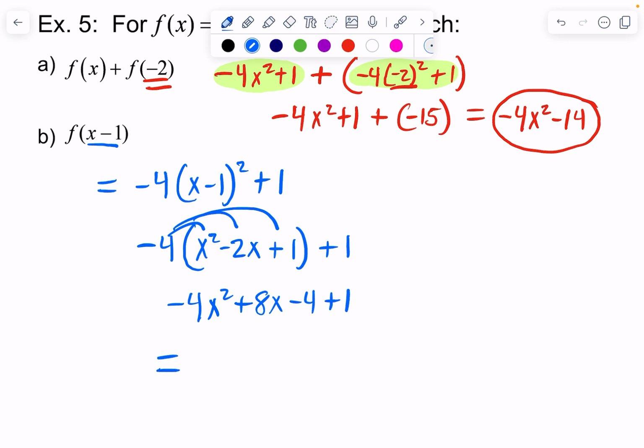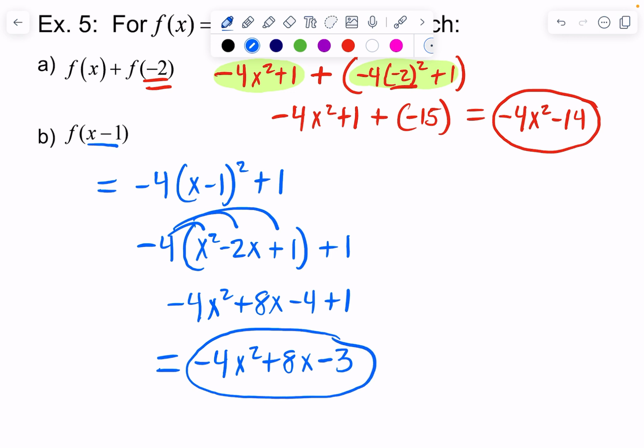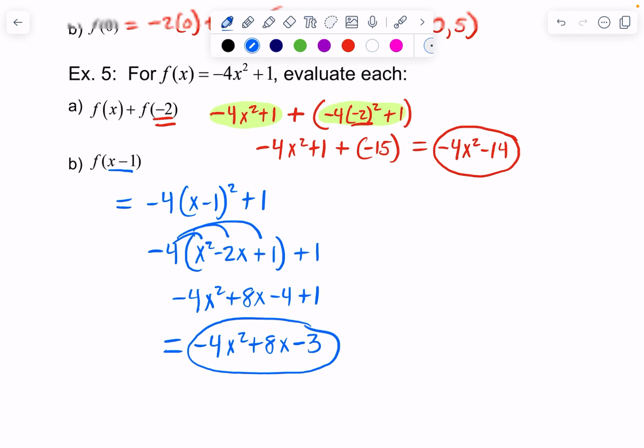And that will equal negative 4x squared plus 8x minus 3. And there you have it. Very simple. Whenever you want to evaluate a function, literally plug in the x that they replace for you into every x of the function and calculate.